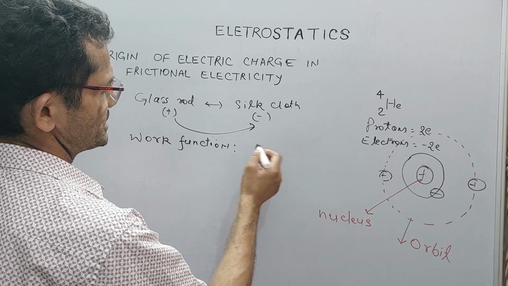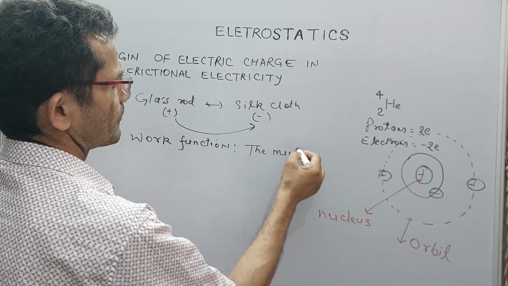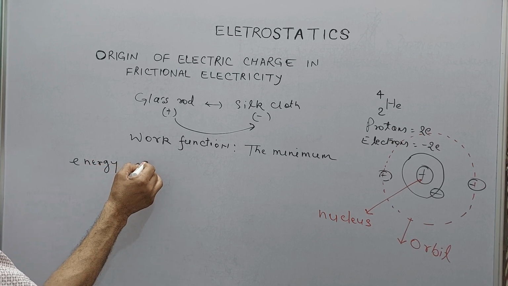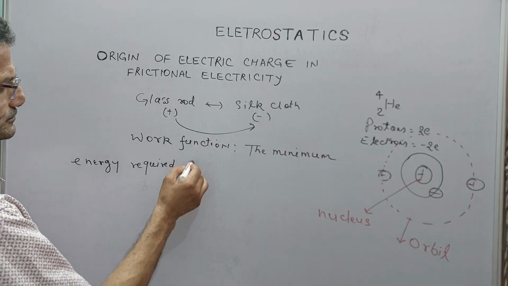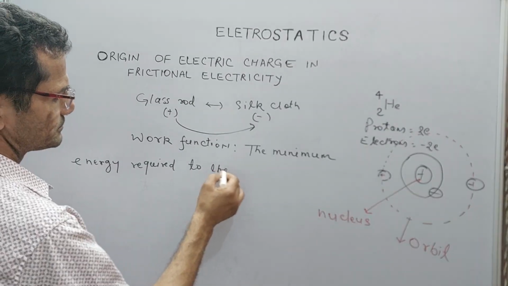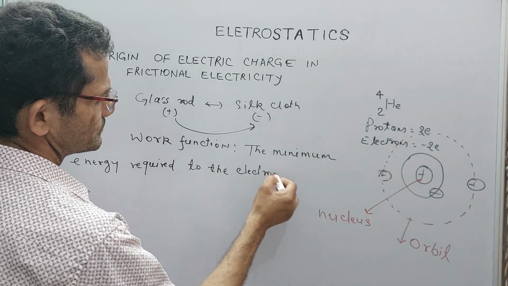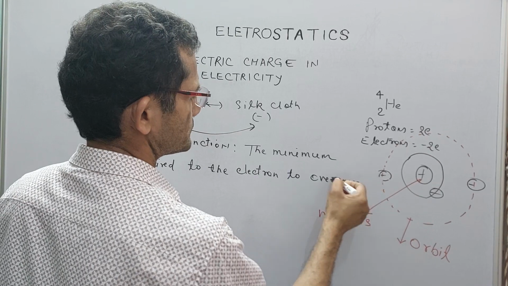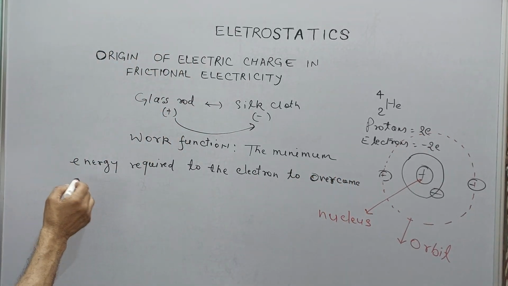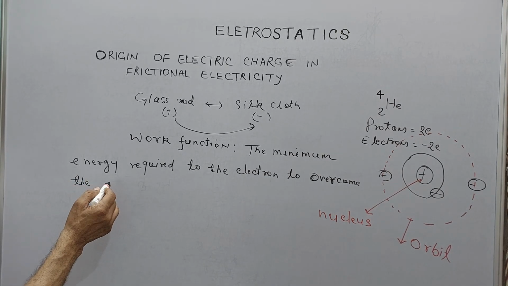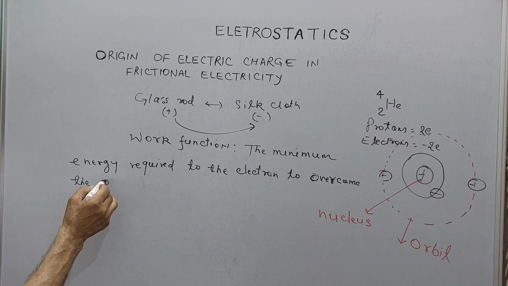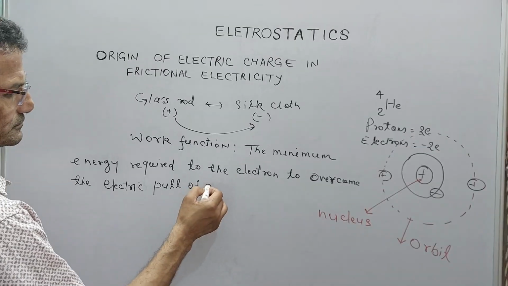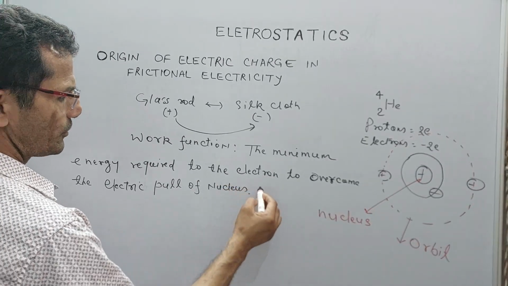So the definition of work function is the minimum energy required for the electron to overcome the electric pull of the nucleus, known as the work function.